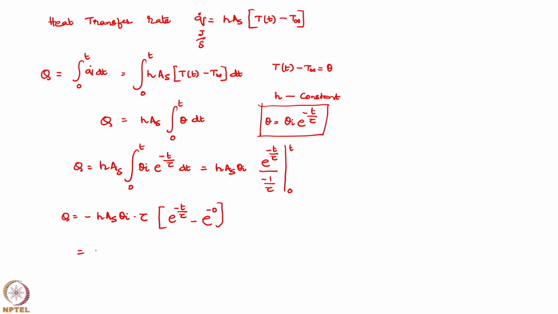Okay. So, that is minus h a s theta I, tau is nothing but rho v c p divided by h a s into e to the power of minus t by tau minus 1.